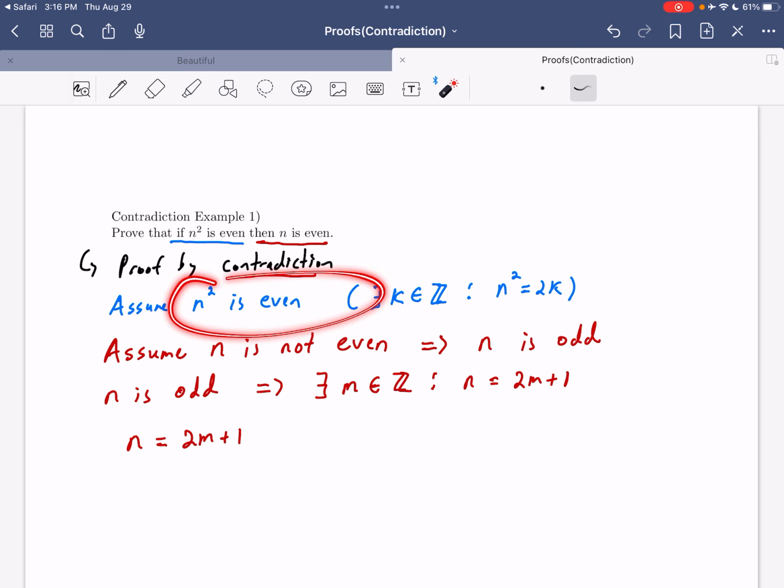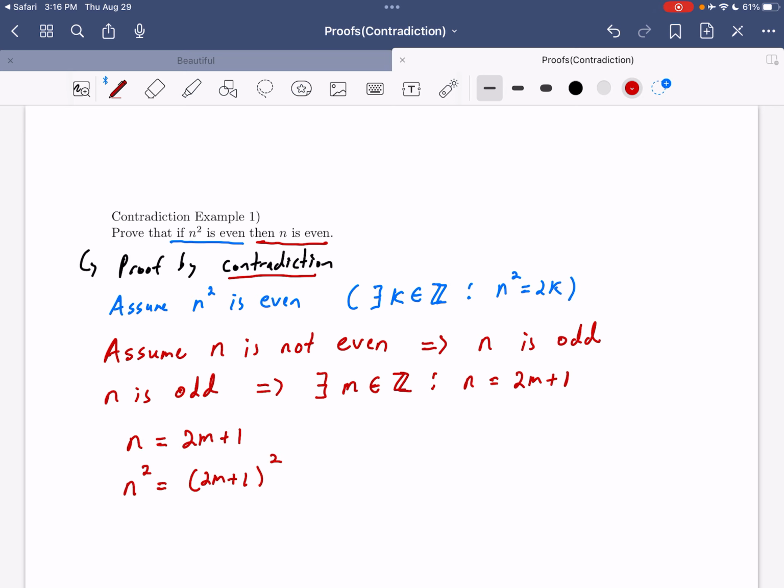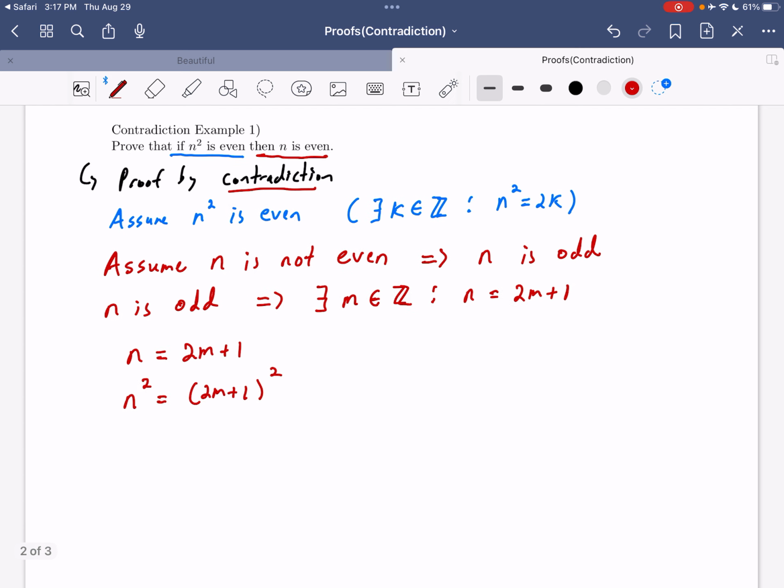Well, we know some stuff about n squared, so let's construct n squared from this. Let's square both sides. So n squared is (2m plus 1) squared. And if we move down here, we have n squared, and squaring that out, 4m squared plus 4m plus 1. And then we can do a little bit of factoring. We can see that n squared is 2 times (2m squared plus 2m) plus 1.